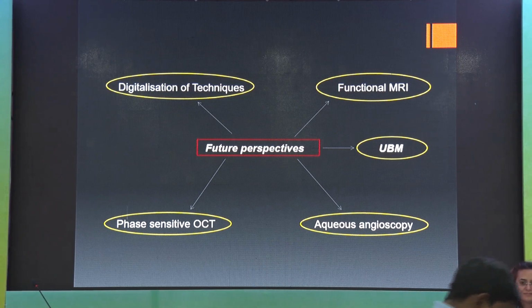With aqueous angioscopy, they found that large intrascleral lumens correlate with better Schlemm's canal function, as well as phase-sensitive OCTs, which show in the ocular pulse the real-time movement of the trabecular meshwork. And this real-time movement helps us to know how compliant the trabecular meshwork is.